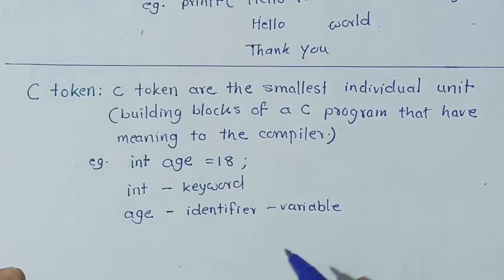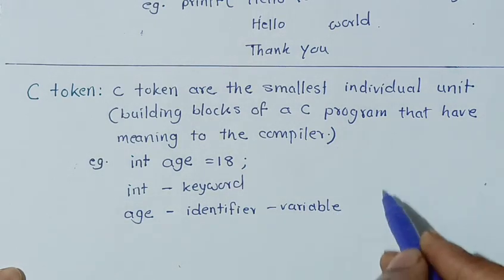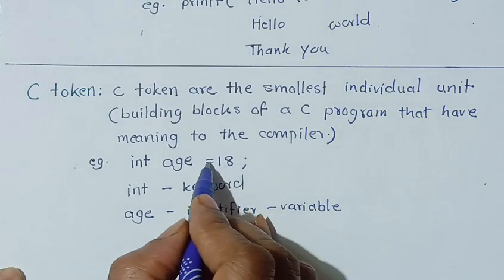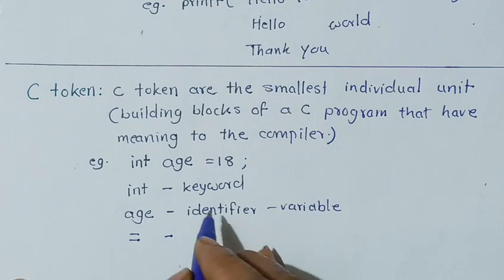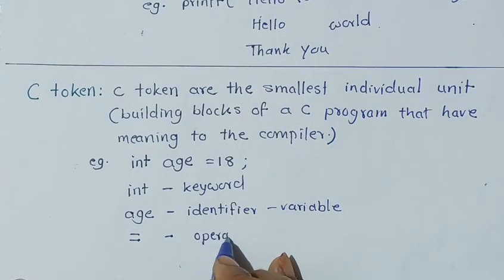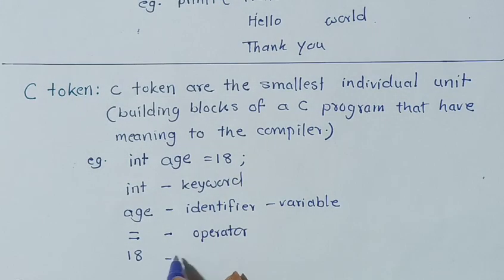In the previous class you learned that a variable is a name given to a memory location. Next is the equal to sign, which is a special symbol, or you can say it is an operator, used to perform some operation. Next, 18 is a constant here.